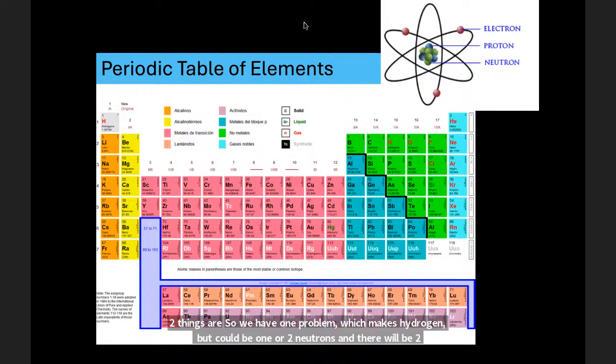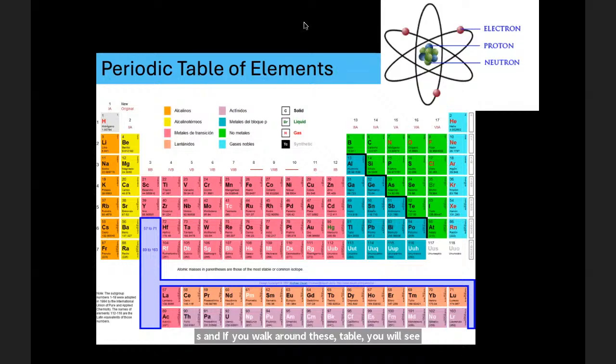If you walk around this periodic table, you will see that the number of protons increases in this direction. So hydrogen has 1 proton, but helium has 2 protons. Lithium has 3, and beryllium has 4, and so on. As we go down in this periodic table, we get heavier and heavier elements.